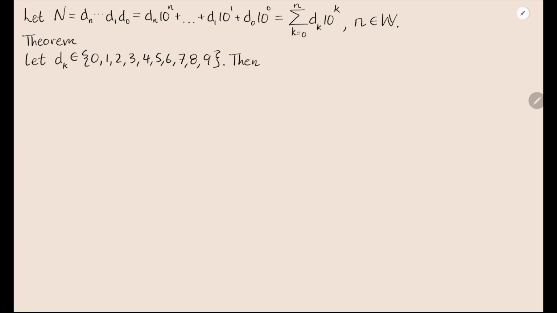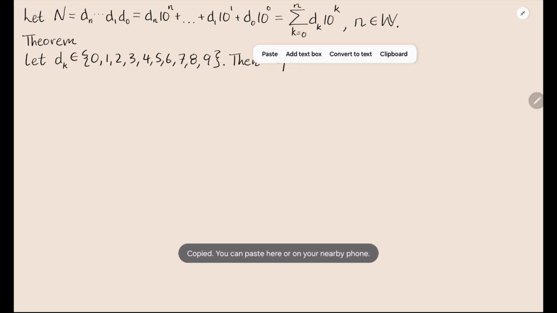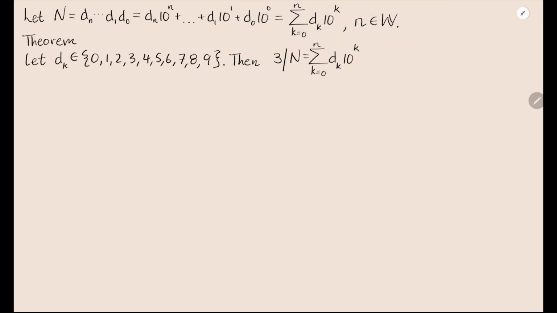Then 3 divides into n, which I call this sum right over here, if and only if 3 divides into the sum of the digits. So it's both directions, it's biconditional.